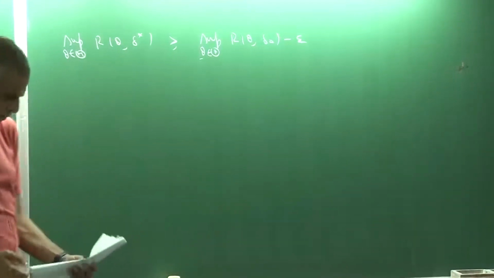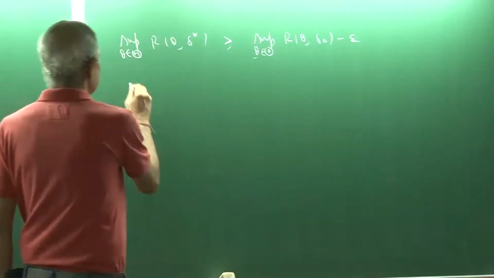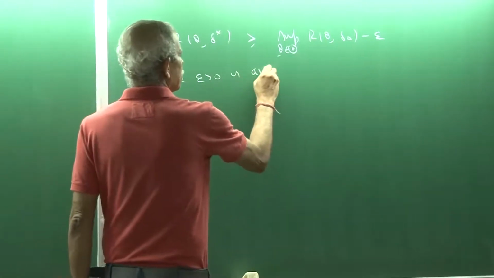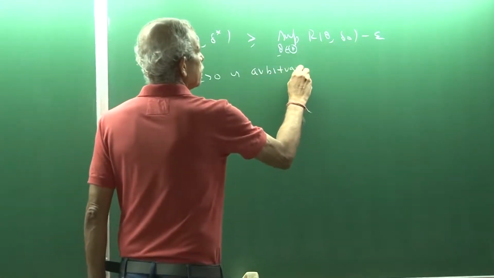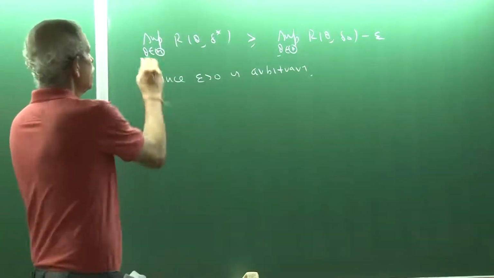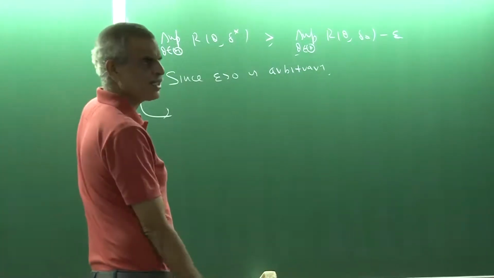Now epsilon is arbitrary, so I can make epsilon arbitrarily small, or in other words, I can take the limit as epsilon goes to 0.